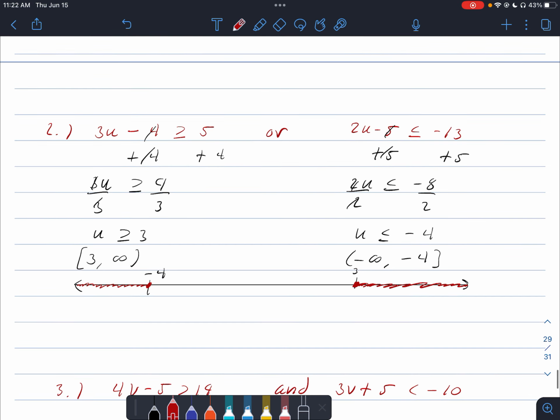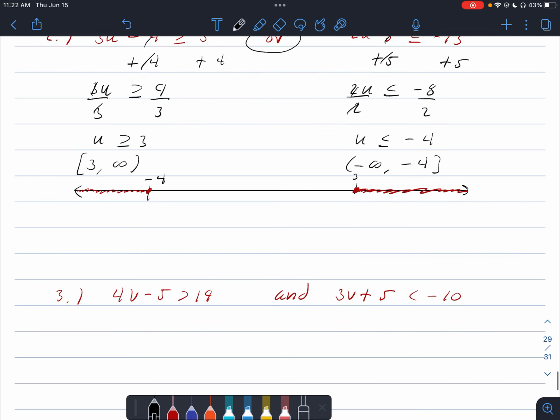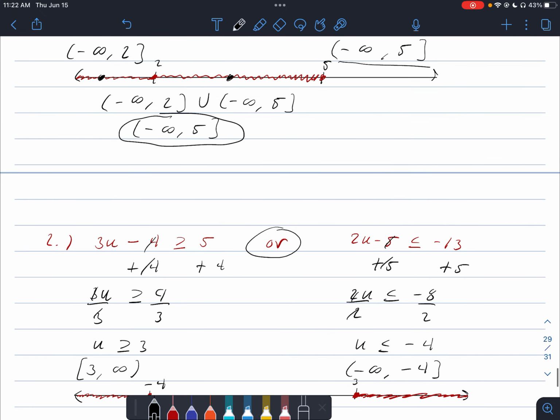Okay, but remember, our key word here is or. Okay, so we want to find all values of u that satisfy either of these inequalities. So we have to include both of these. We have to include 3 to infinity, and we have to include -infinity to -4. Okay, so we have to somehow combine these two together. And we use what I showed in the previous example, this little union sign here.